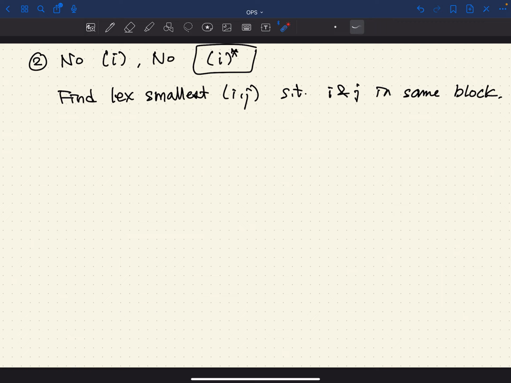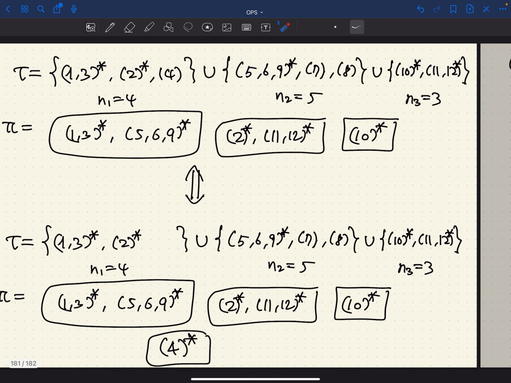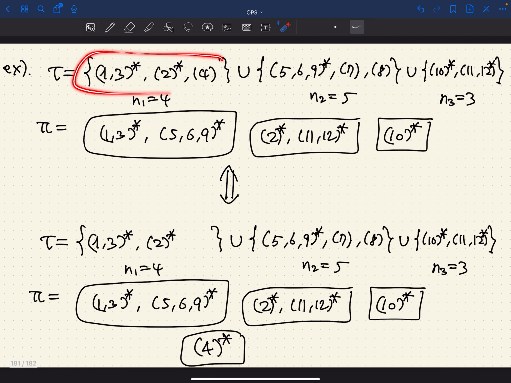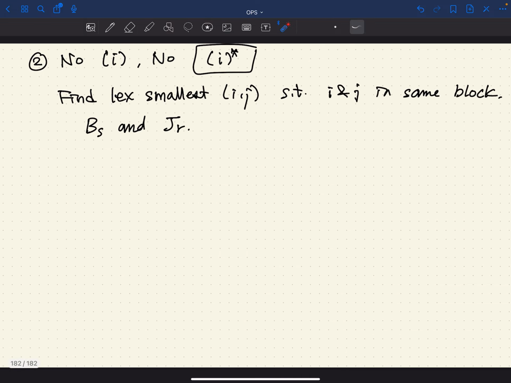Same block B, same block B, S, and J, R. So it must be in the same part from J, S, and it must be in the same block. We find 2 integers like that.